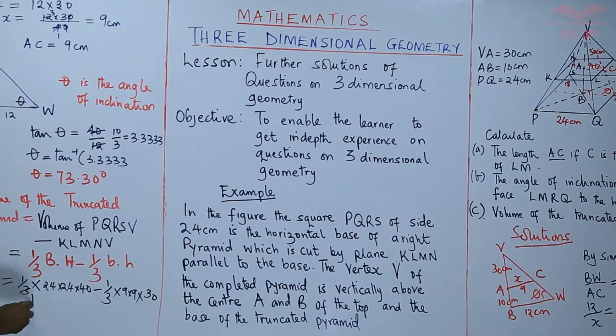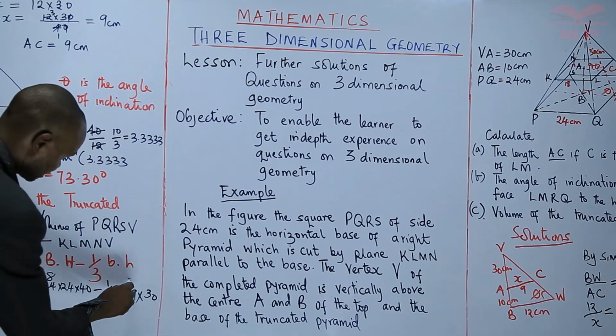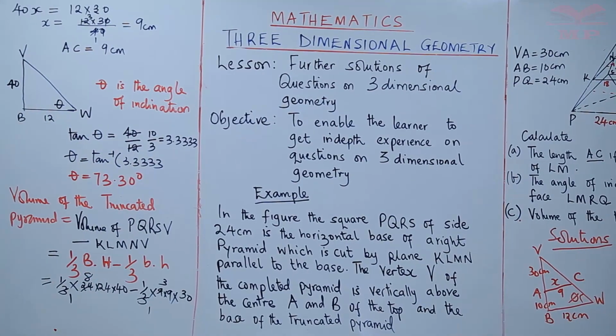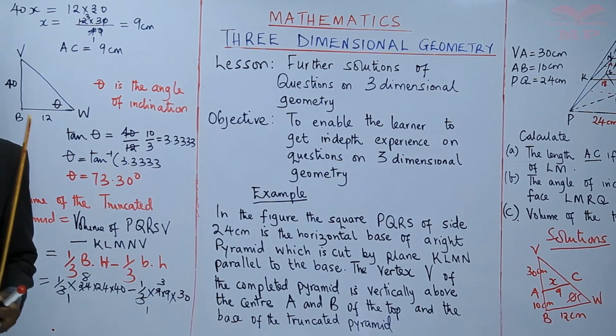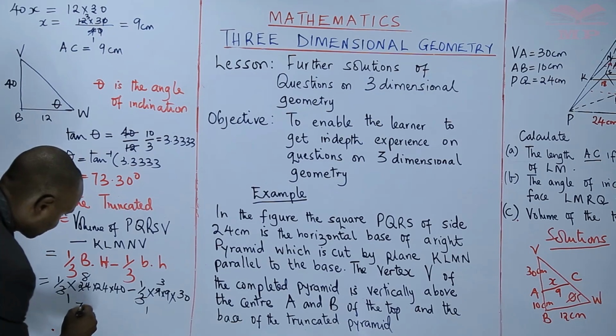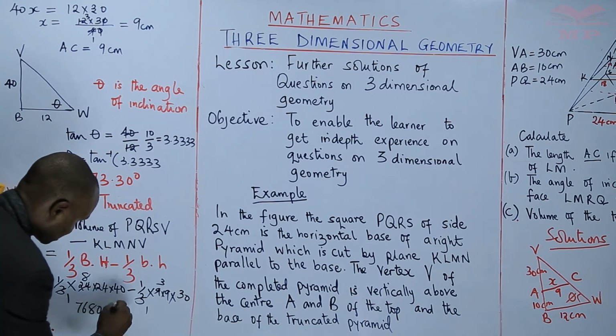So I'll work out that. You simply work out with your calculators 8 times 24 times 40. 8 times 24 times 40, you'll get 7680 centimeters cubed.